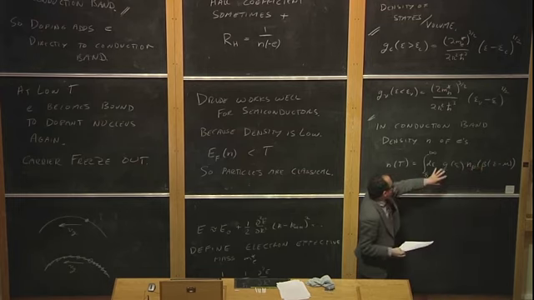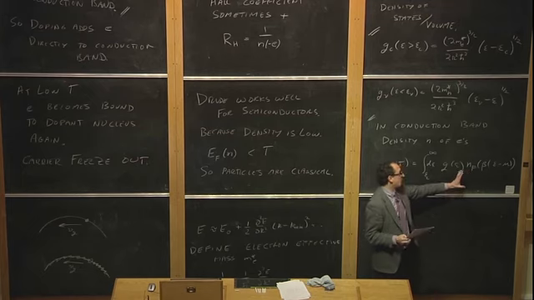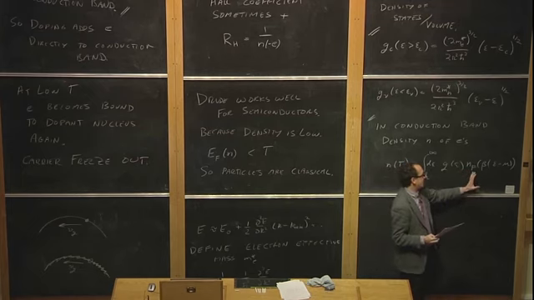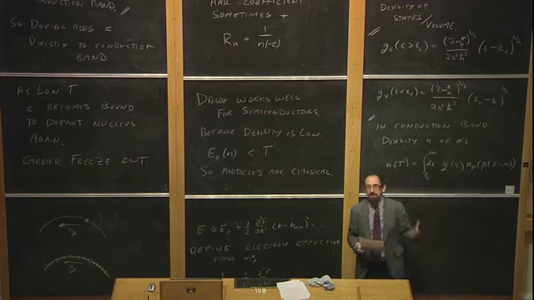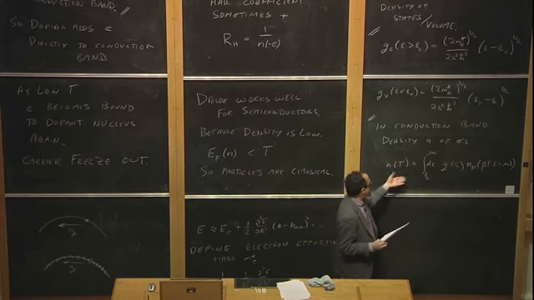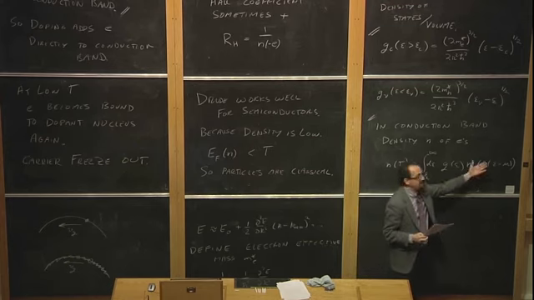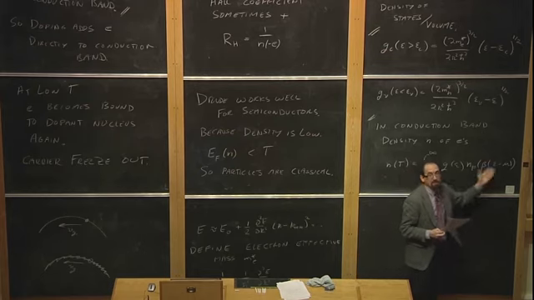Okay, so the integral of the density of states is basically a sum over all eigenstates, and the Fermi factor is the probability that that eigenstate is going to be filled. So this is just counting up all the states that are filled at a given temperature, but we need to know what the chemical potential is.